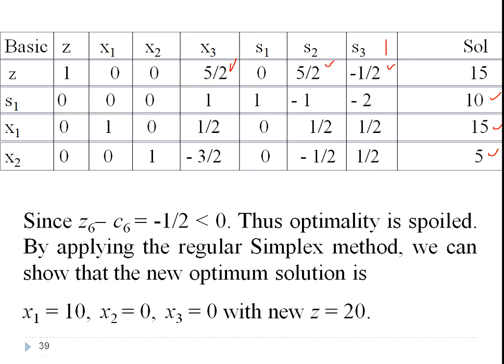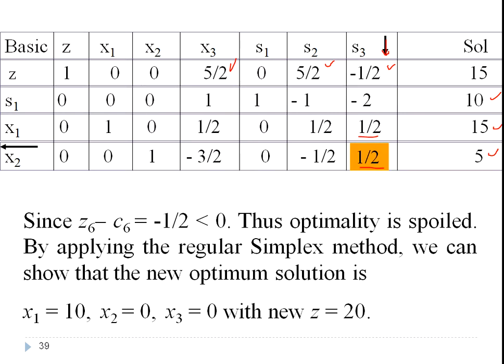That means this is the entering variable. We take this as the entering variable, and we check what is the leaving variable. For that, we take the non-negative values, and wherever the ratio is small, that is for x2 it is small, so that is the leaving variable.